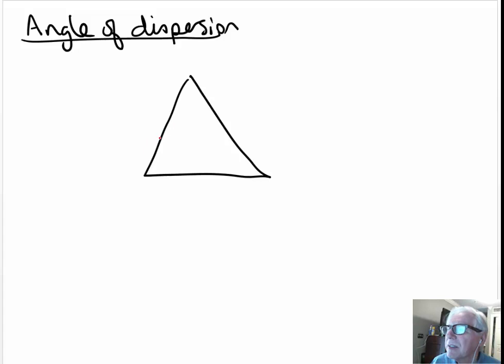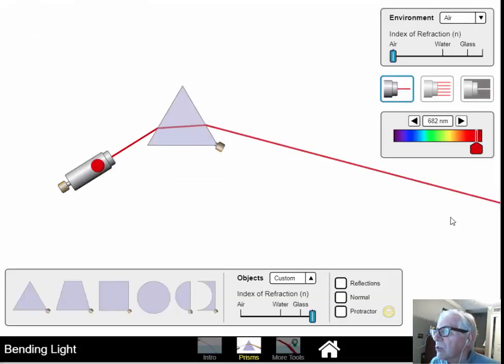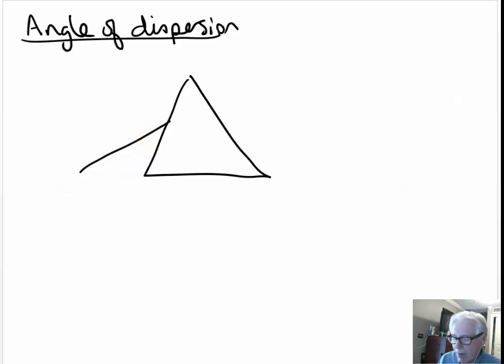And I have a red, so let's bring in a black beam just for the sake of it. Black beam goes like this. Now I can never remember which way around it goes. I should, but I cannot, so let me just remember. So the red was less bent than the blue. So I'm going to do my red beam.